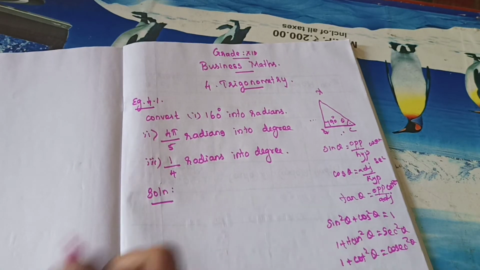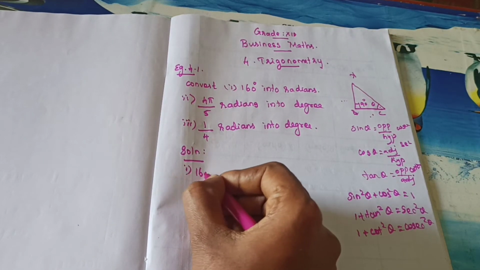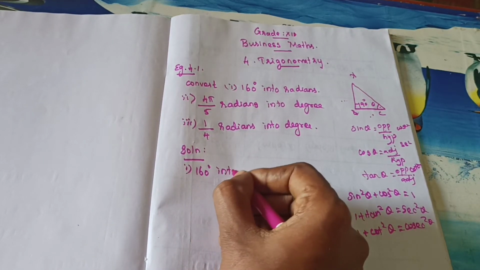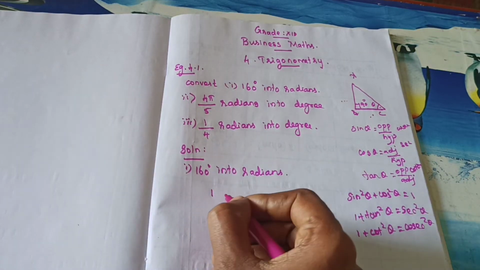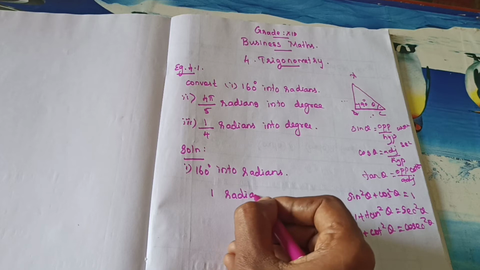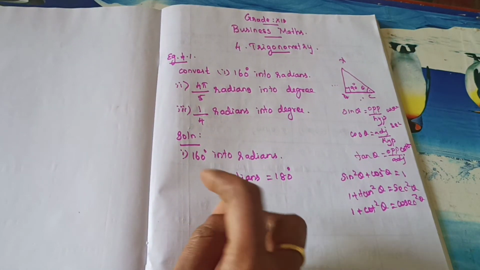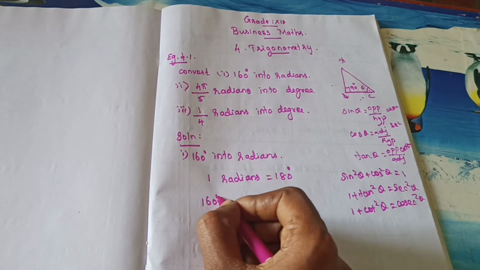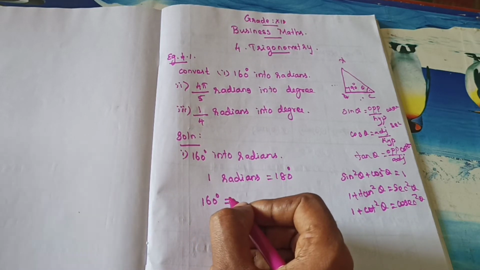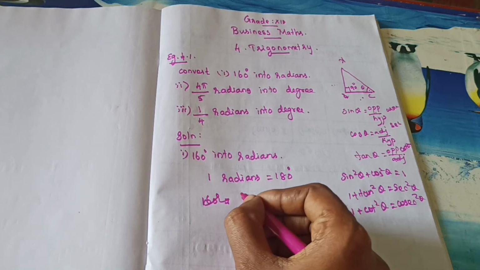Solution. First one, 160 degrees into radians. For that you need to write, 1 radian means how many degrees? 1 radian is equal to 180 degrees divided by pi.